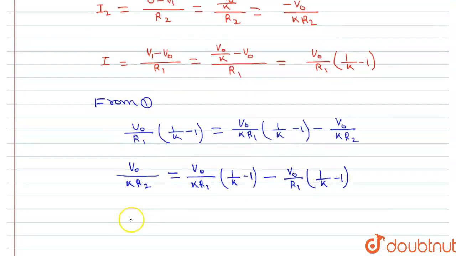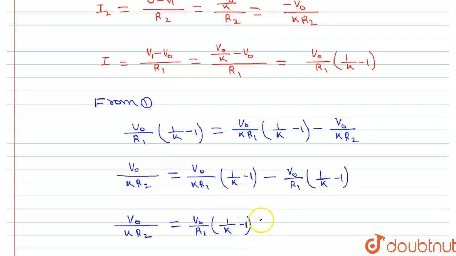Now from here we can see that V naught divided by K into R2 is equal to, we can take common V naught divided by R1 into (1 by K minus 1) common.